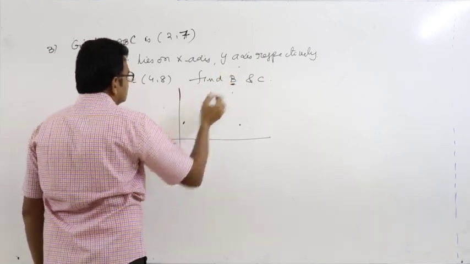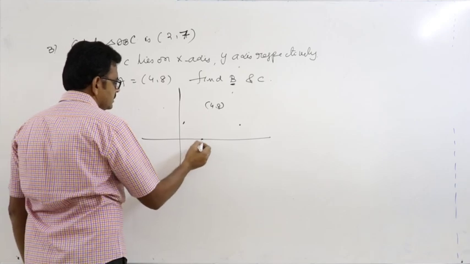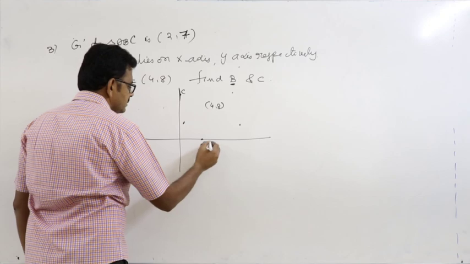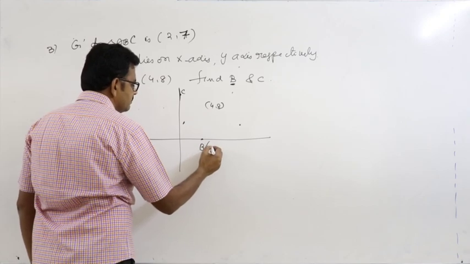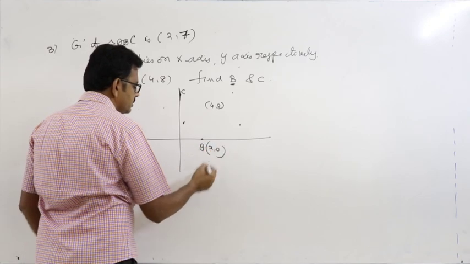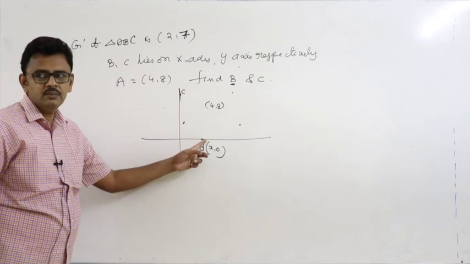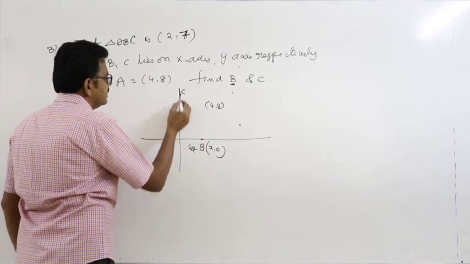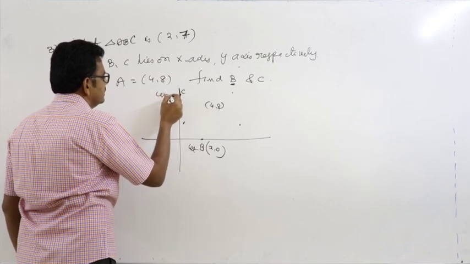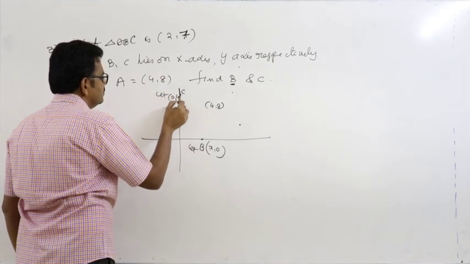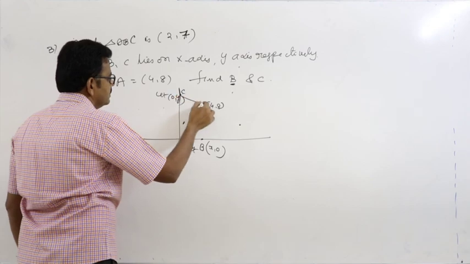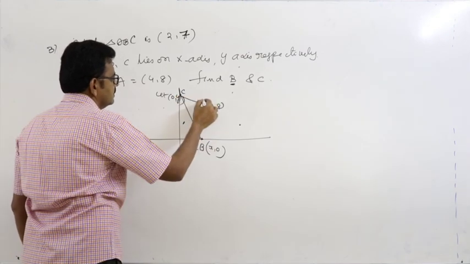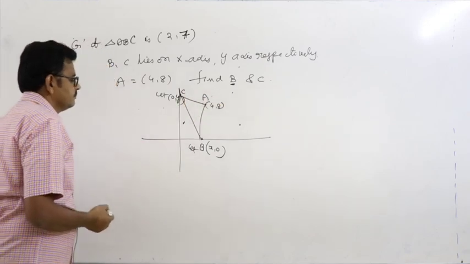B lies on the x axis and C lies on the y axis. If a point lies on the x axis, its y coordinate is 0. So let B coordinates be x comma 0, and let C coordinates be 0 comma y. Now this is the triangle ABC.